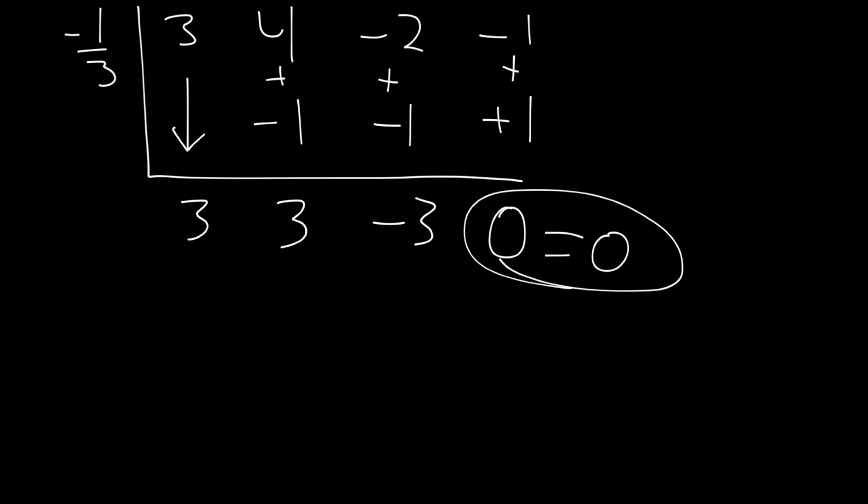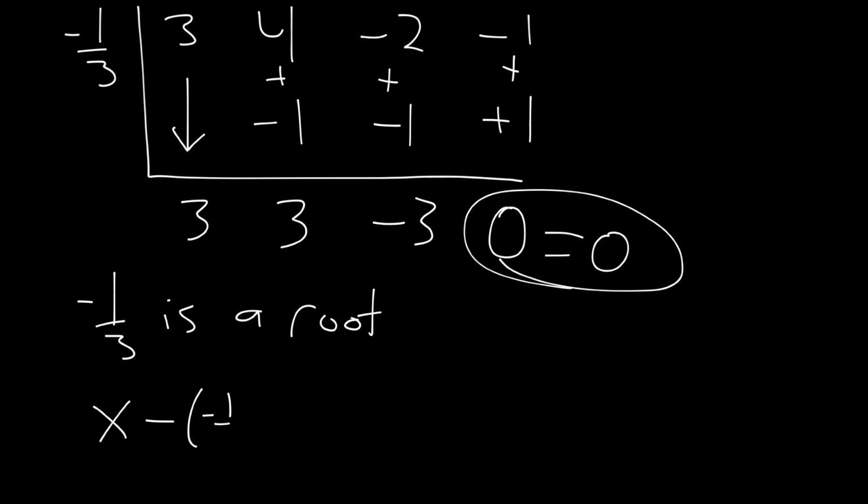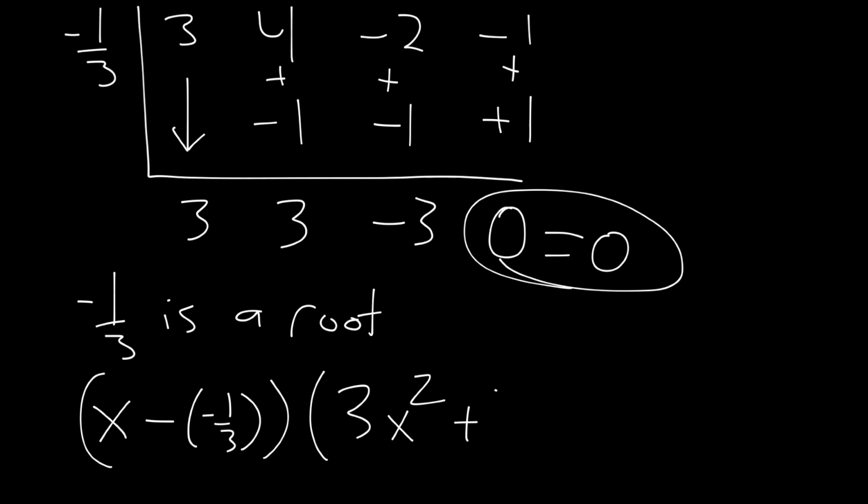This means that minus 1/3 is a root, and our reduced polynomial will look as follows. Since it's a root, we know that x minus 1/3 will be a factor, and the remaining polynomial is 3x squared plus 3x minus 3.